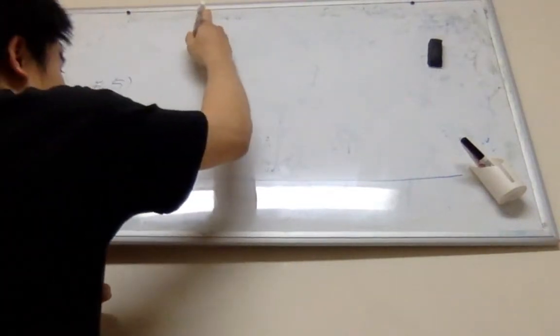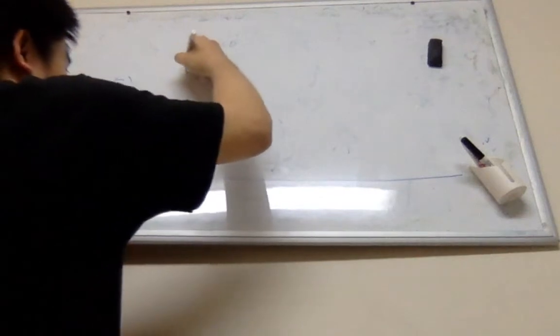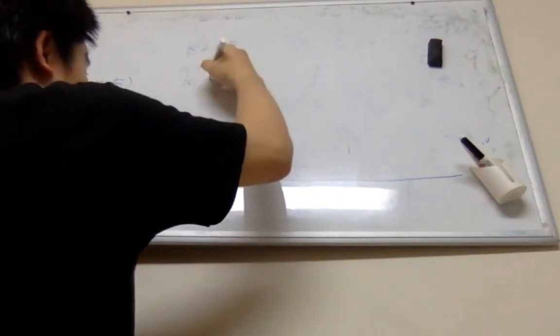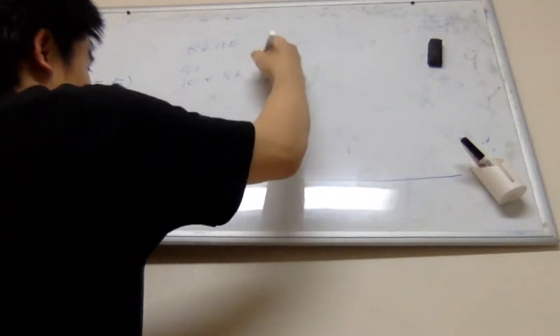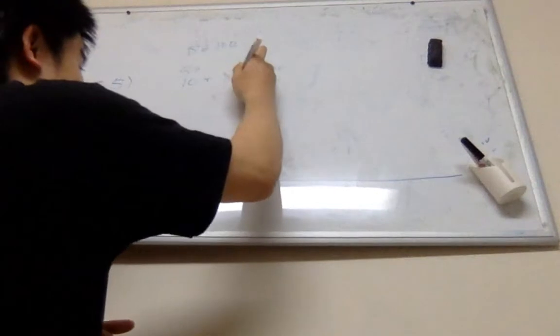So in the case where b equals 100, we'll need 5 plus 5, 10, plus 8k equals 100. Now you will ask, what is k? K is 11.